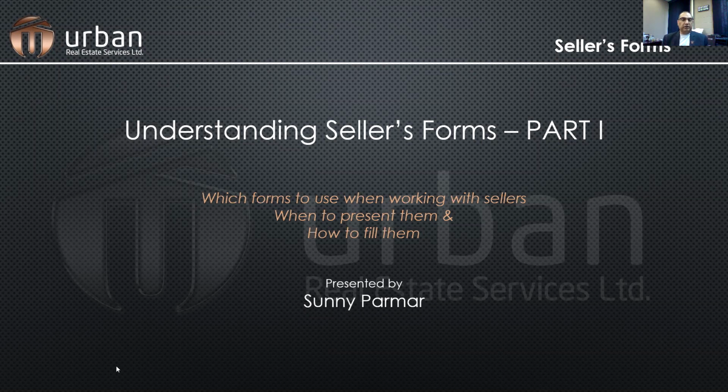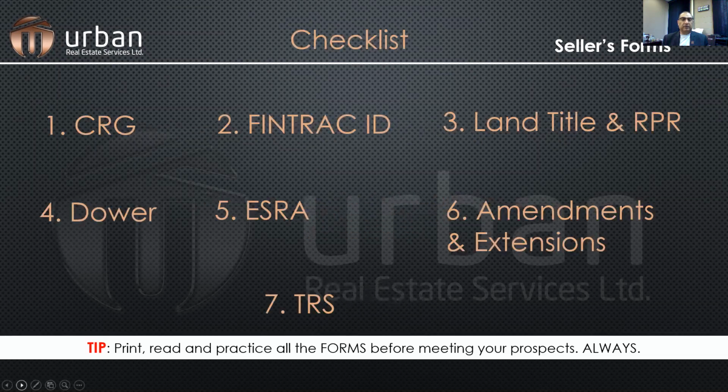When we proceed here, the first slide I'm going to show you is major forms mostly used in a seller's transaction: CRG, the Consumer Relationship Guide, the Fintrac money laundering ID forms, and then for sellers specifically, we will be looking into certain other documents like land title, RPR, and some others like DAVA.